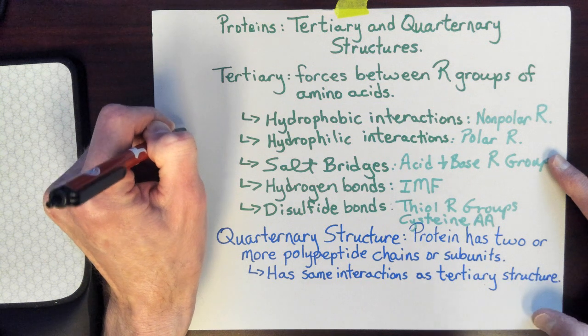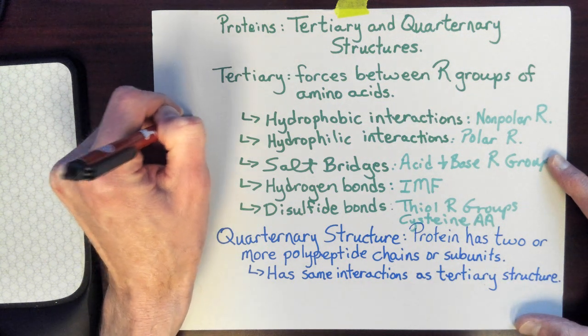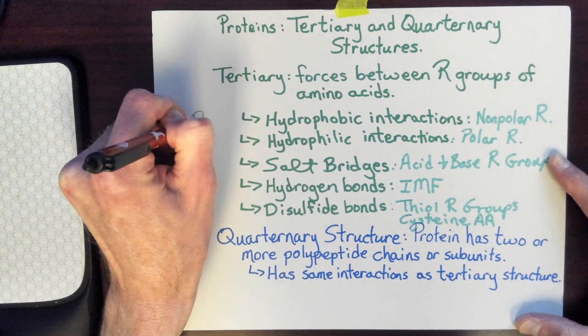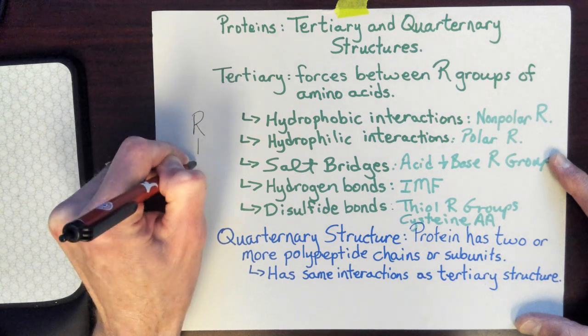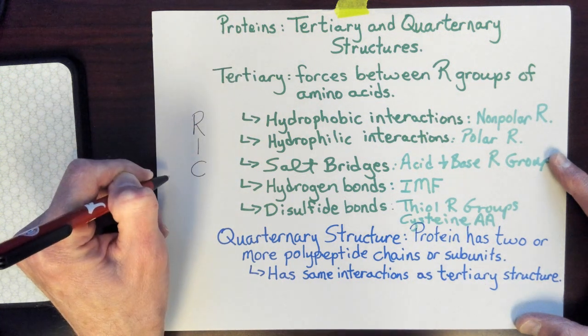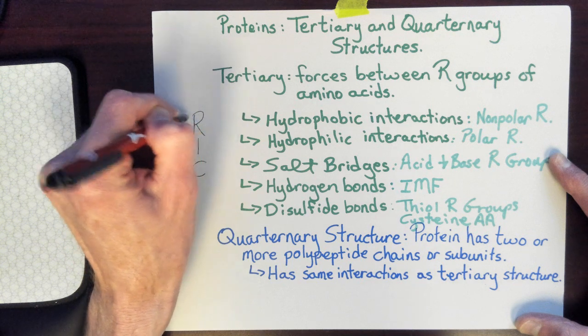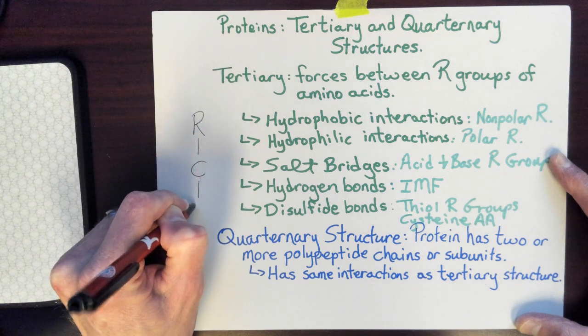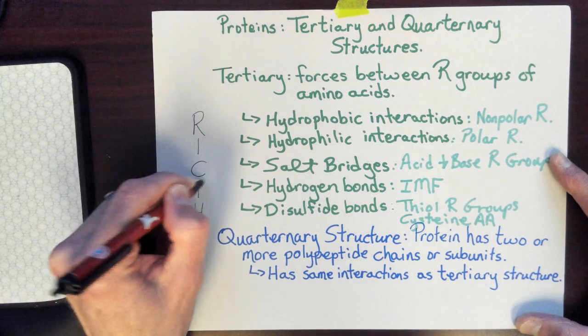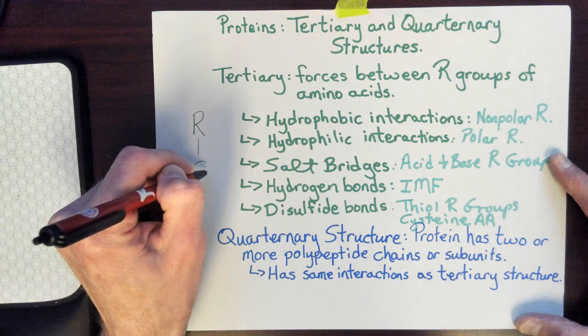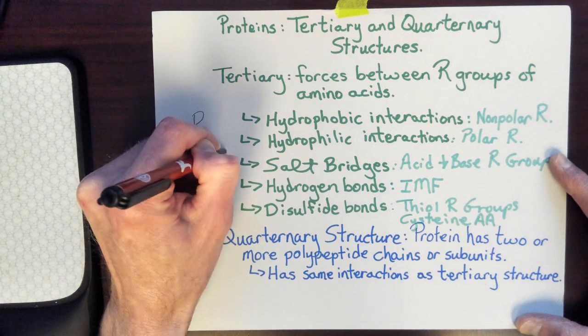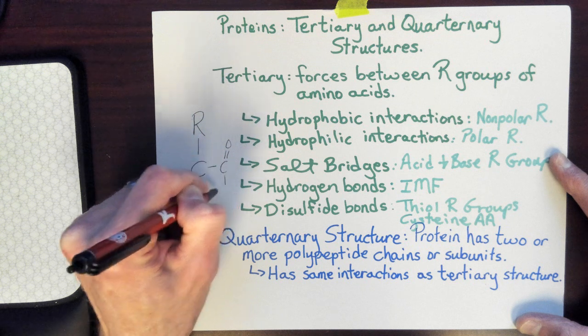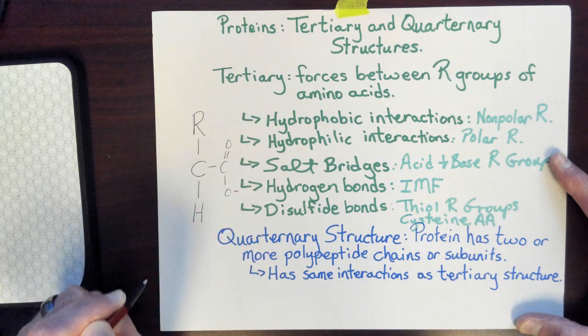Now, give me one second, and I want to draw you the foundational structure of amino acids. And remember that we have the R group, we have the center carbon, and then on one side we have C double bonded O, O negative, like that.